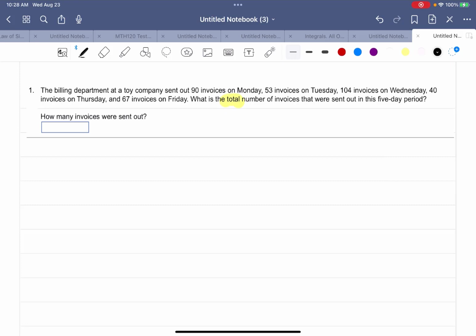these numbers. So the operations that I would write on my paper are 90 plus 53 plus 104 plus 40 and plus 67.